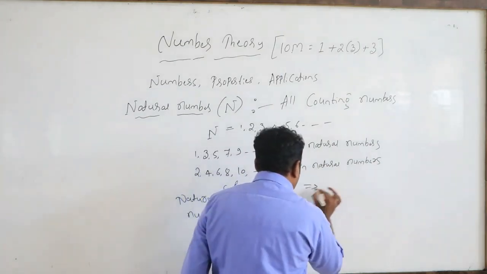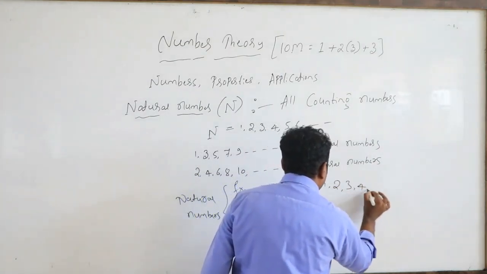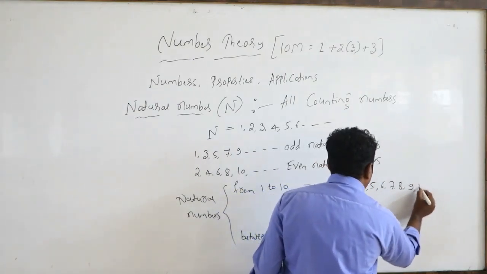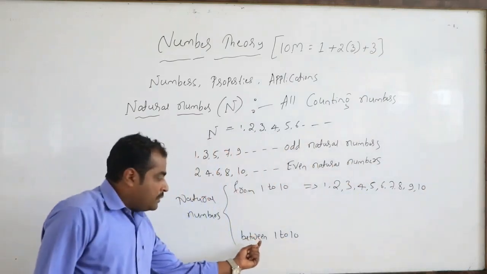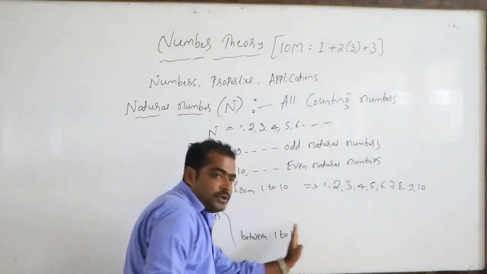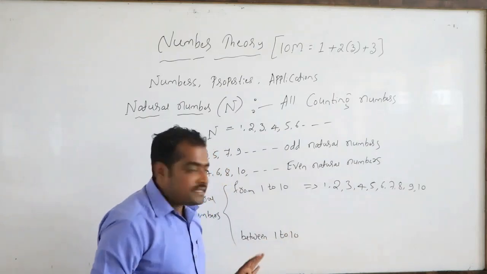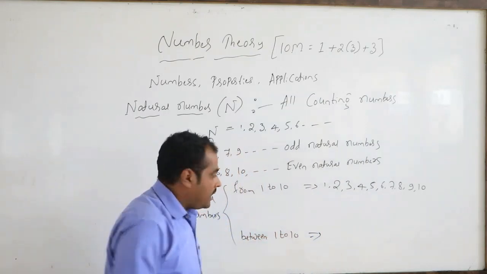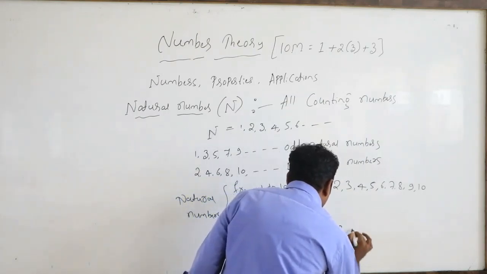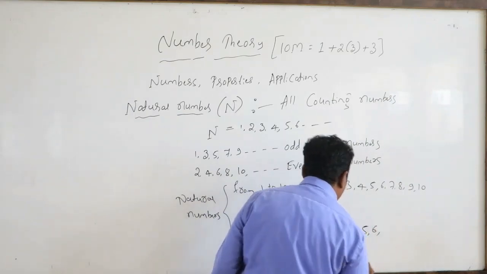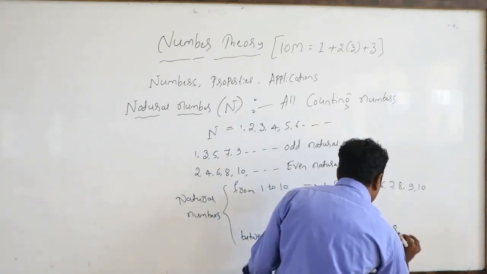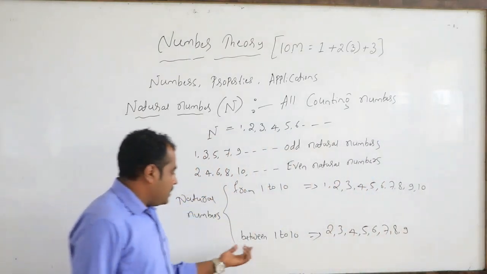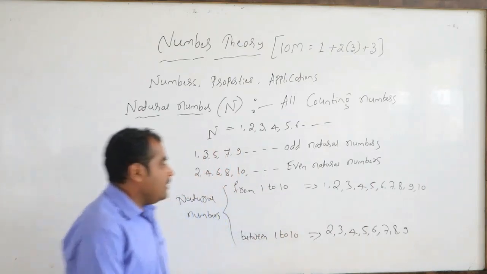That is 1, 2, 3, 4, 5, 6, 7, 8, 9, 10. Between 1 and 10 means the end points should not be considered. The numbers are 2, 3, 4, 5, 6, 7, 8, 9. From means end points should be considered. Between means end points should not be considered.